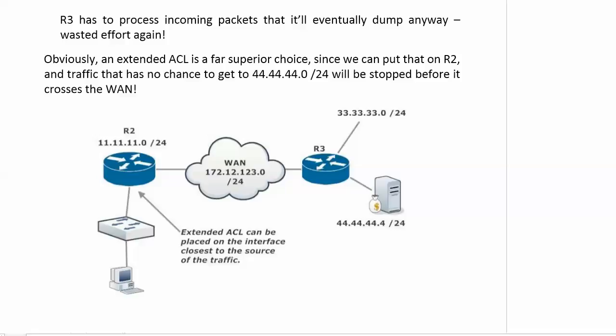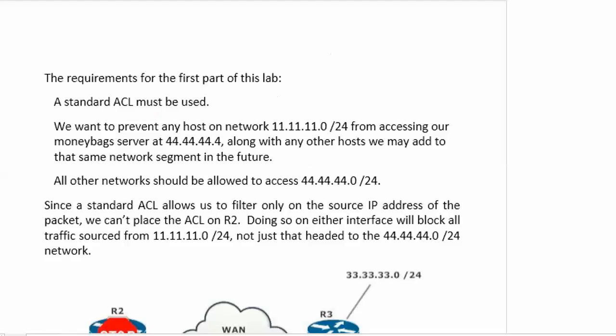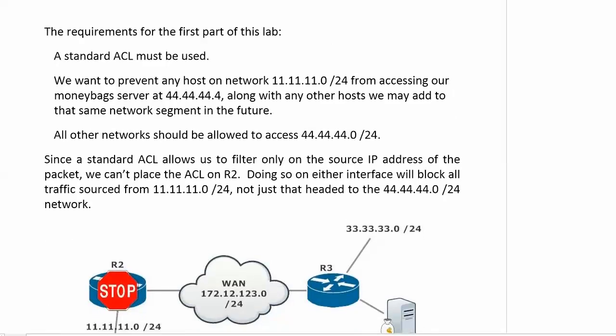One more point I want to make about the requirements that were listed. And this is the kind of thing, again, it's not tricky. It's right in front of us, but we've got to watch it. We notice that it says prevent any host on network 11 from accessing our money bag server at .4, along with any other hosts we may add in the future.